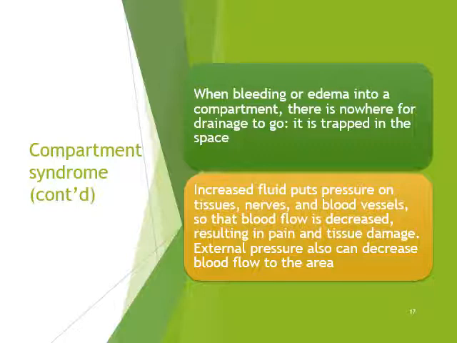Increased fluid puts pressure on the tissues, nerves, and blood vessels so that blood flow is decreased, and that results in severe pain and tissue damage. External pressure also can decrease blood flow to the area. So that's a cast being the external pressure.